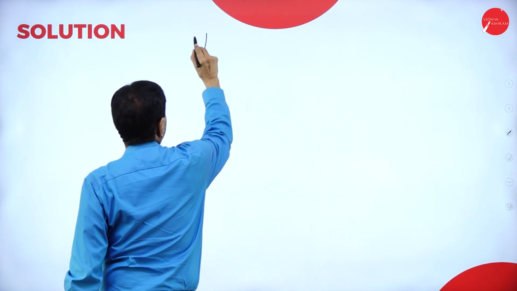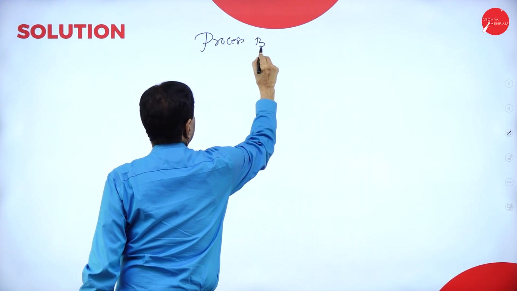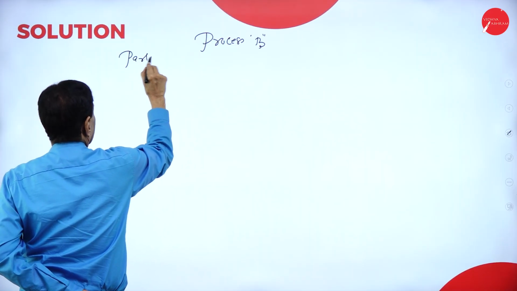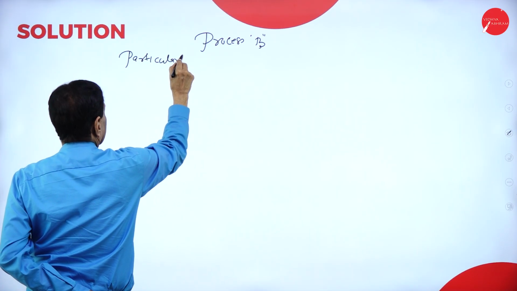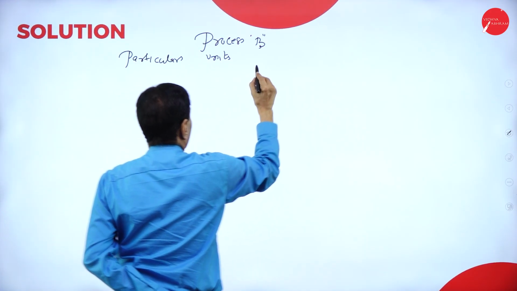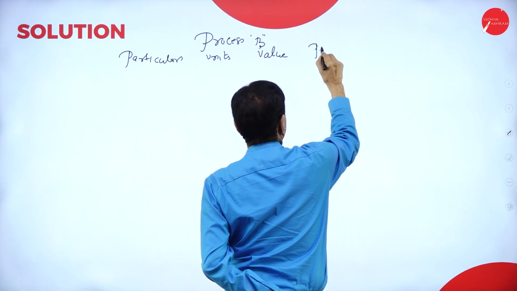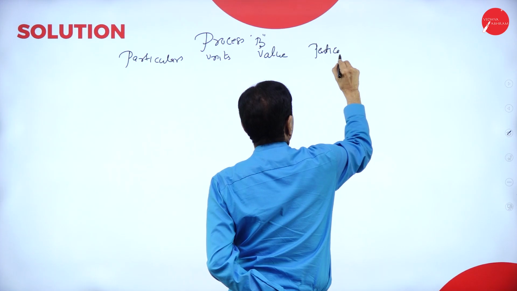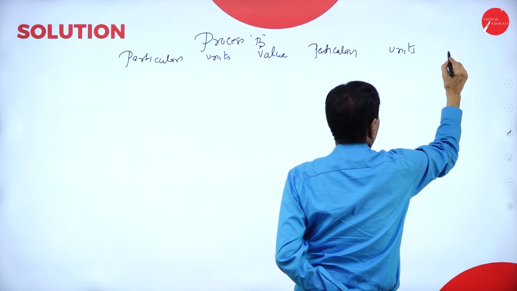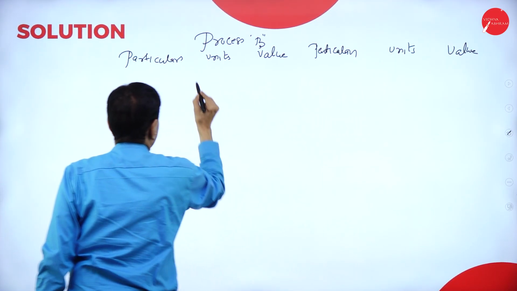Process B. Same procedure. Draw this: particulars, units, value, particulars, units, value.